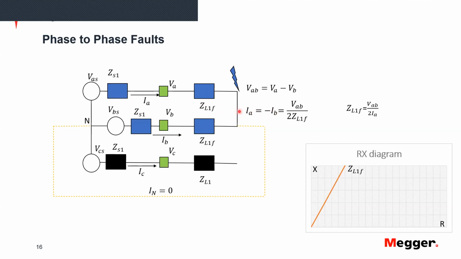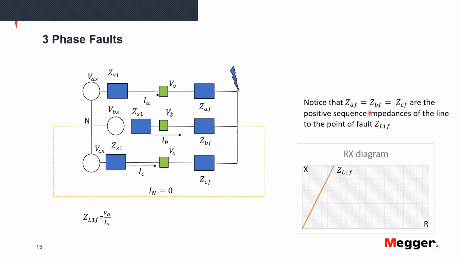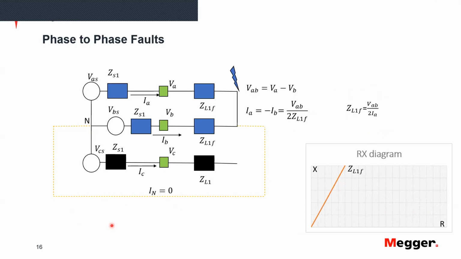And we can say that the current that circulates in this circuit is the voltage here minus the voltage here, which is the line-to-line voltage, A to B, divided by twice the impedance of the path. That's why the equation to calculate the impedance for a phase-to-phase fault has these two that did not show in the previous equation for the three-phase fault.